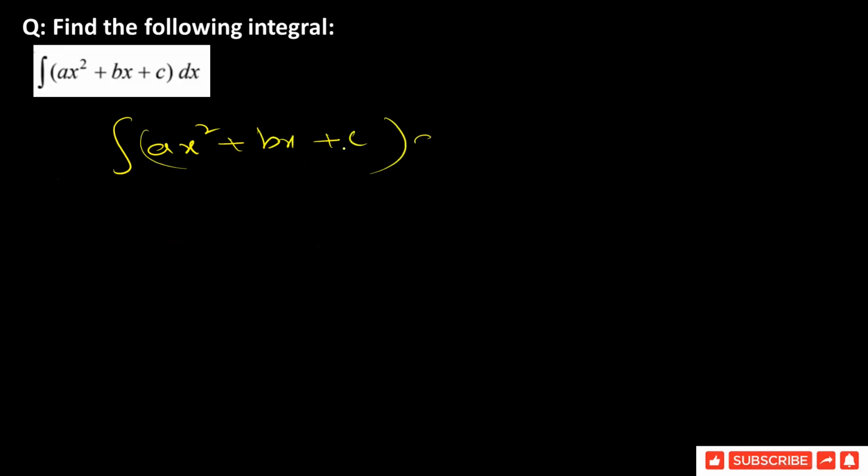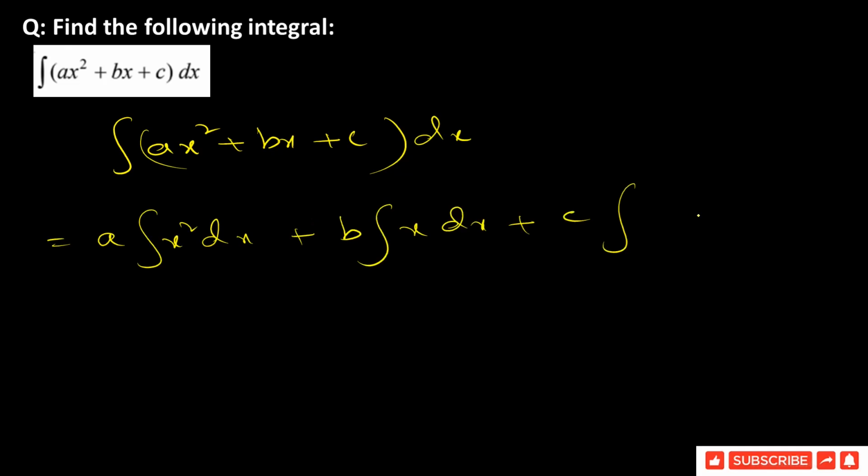Next question, the integral of ax square plus bx plus c dx. Here a, b are the coefficients and c is the constant. Again opening the bracket, but this time we shall write this constant outside the integral sign. So it will be a integral x square dx plus b integral x dx plus c integral dx.